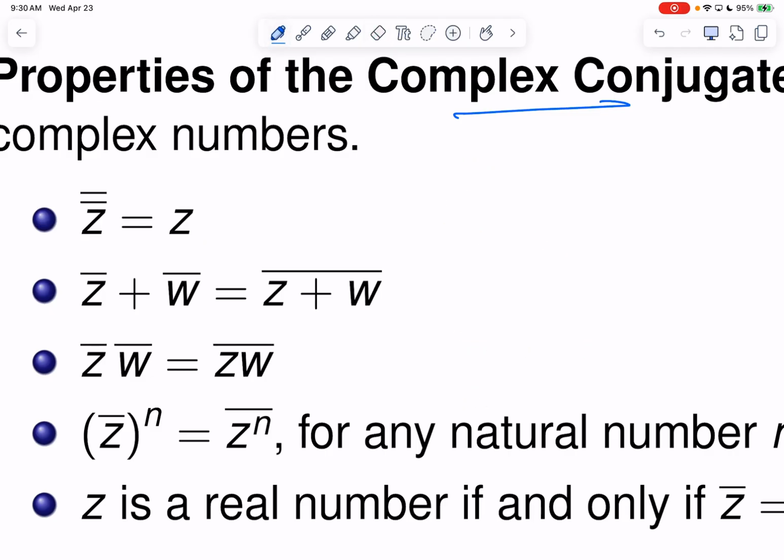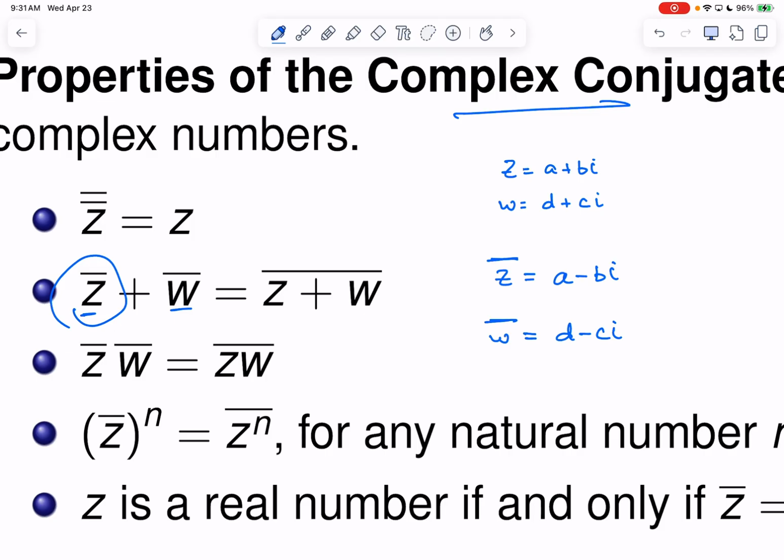Now here, this is kind of cool. If you add the conjugates of two different complex numbers, let's say z is a plus bi and w is d plus ci. So they can be different. There's two different complex numbers. So the conjugate of z would be a minus bi, and the conjugate of w would be d minus ci.